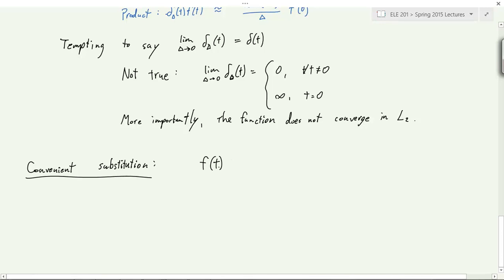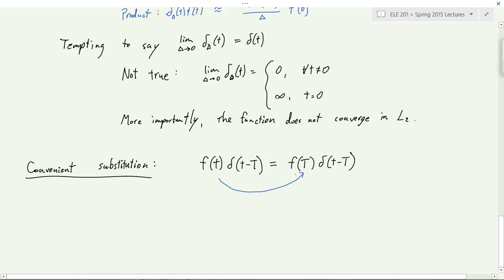Otherwise, we don't have anything well-defined. f of t times a delta function at a particular location, we can make the substitution that we can swap that first variable t for the constant T. So this is sort of like saying the delta function is basically 0 everywhere except its location, capital T. And since it's 0 everywhere else, we don't actually care about the function values for other points. They don't matter. Only the function value at the delta function matters. And so this substitution is okay.